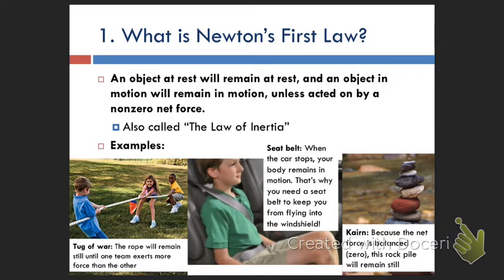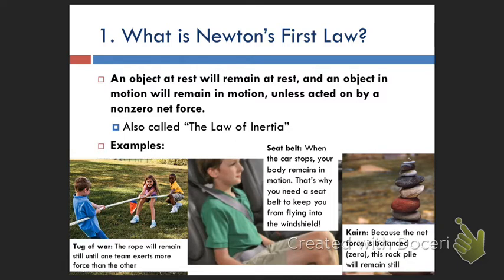However, no force acted upon you, and if you don't have a seatbelt, you continue to move forward at that same 30 mile per hour speed. So you have to have a force act against the mass or inertia of your body enough to bring you to a stop. And that's where your windshield or maybe your dash would stop you.